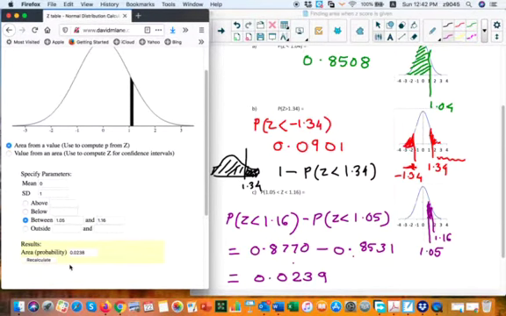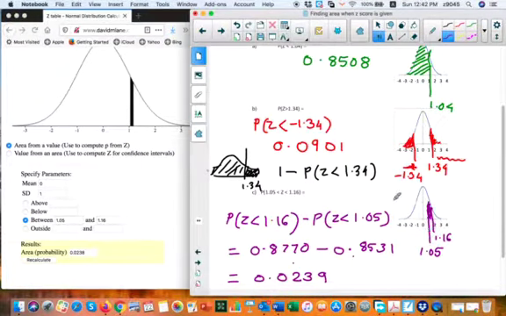Recalculate. 0.0238. Maybe I made some calculation mistake, that's why I have slight difference in the value. Or maybe this is the approximated value, that's why you see slight variation. So this is how we calculate the probabilities for the z-scores lying between the two values and the value above z and below z.